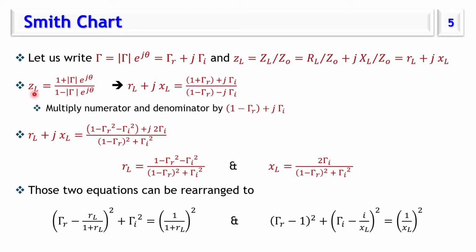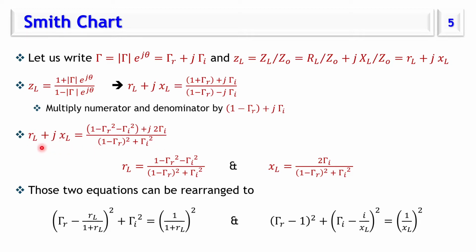If we come back, now we substitute this real and imaginary into the relation between ZL and gamma. We'll have this expression: the real part plus j times the imaginary part of the normalized impedance equals this expression in terms of the real and imaginary parts of the reflection coefficient. We just simplify the equation by having a real component in the denominator.